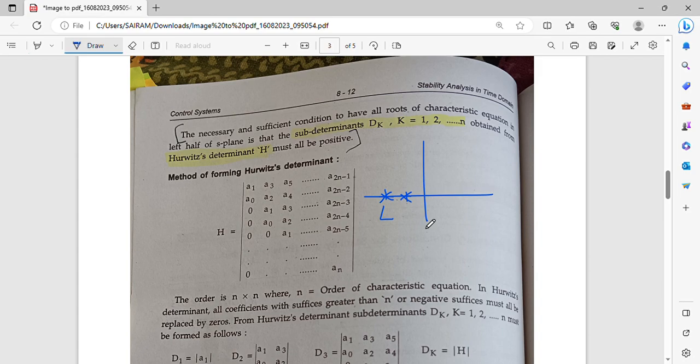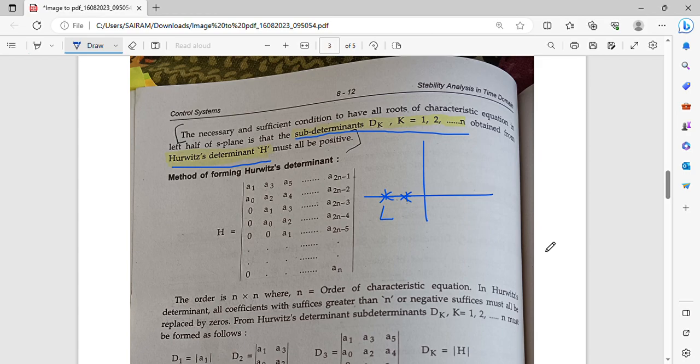So you have a Hurwitz determinant, say H, and from the Hurwitz determinant, whatever subdeterminants you get, Dk, k equal to 1 to n, all must be positive. That is the condition. If that is not satisfied, then the roots are not all in the left half of the S plane, and it is an unstable system, right?